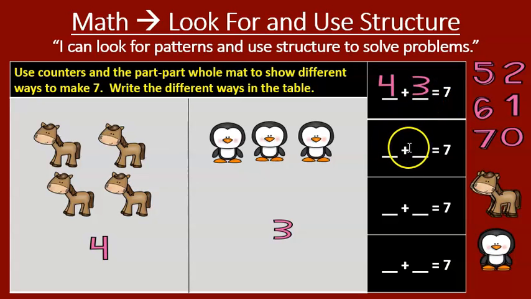Now, I want you to try these 3 by yourself, okay? Get out your homework paper and draw what you want to on this side and this side. Make sure they both equal 7. You can check like this. Let's count together again. 1, 2, 3, 4, 5, 6, 7.